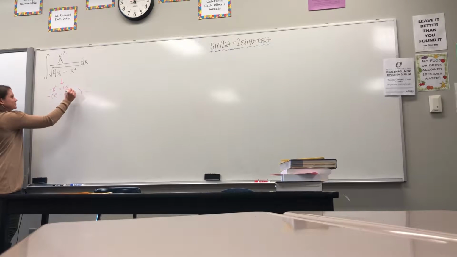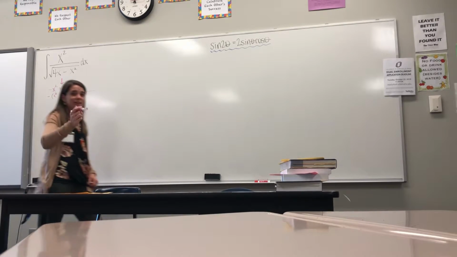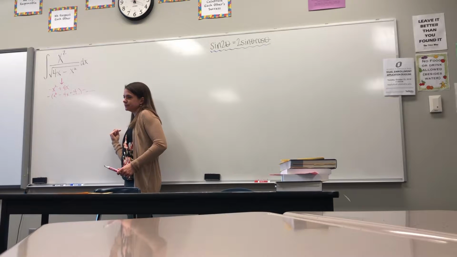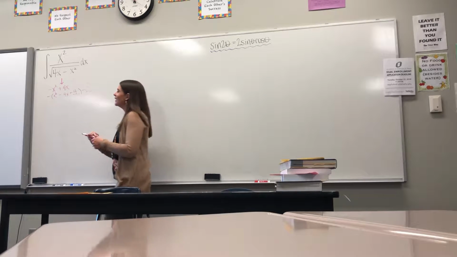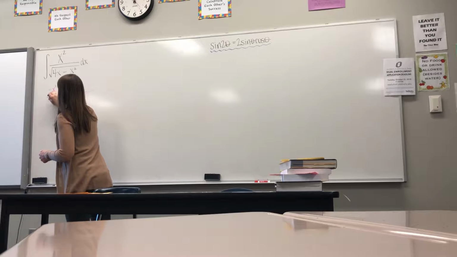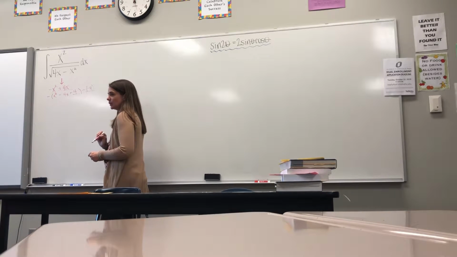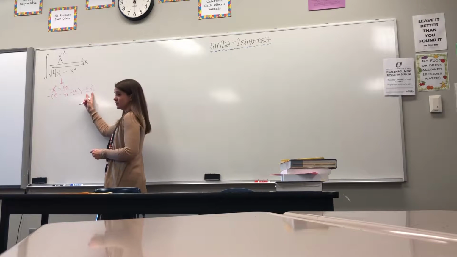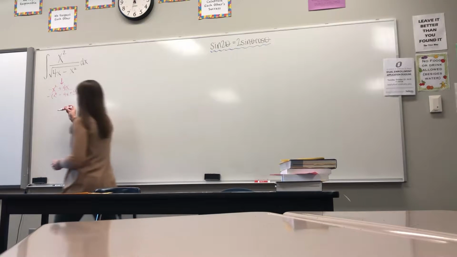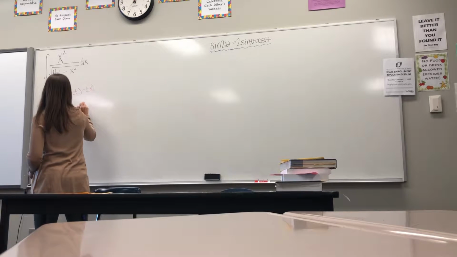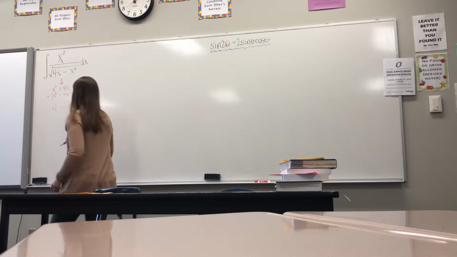Okay, b over 2 squared is 4. Now, since we added 4, we need to subtract 4. Ah, we're really subtracting 4 times negative 1, so this becomes a positive 4. So we have 4 minus the quantity x minus 2 squared.